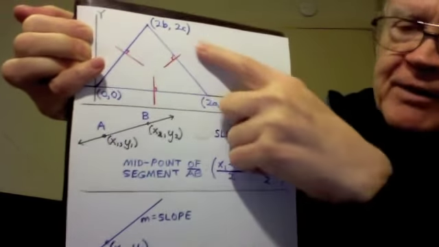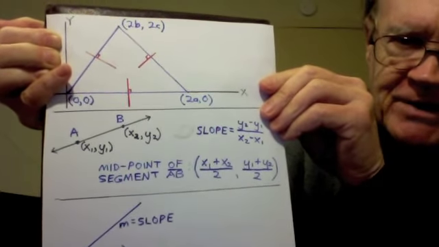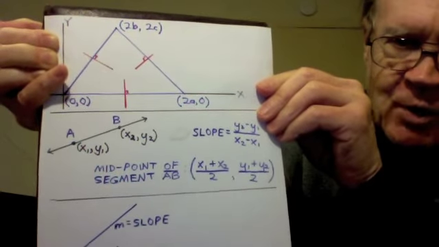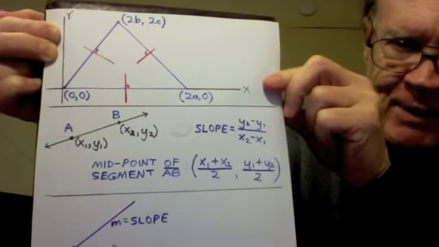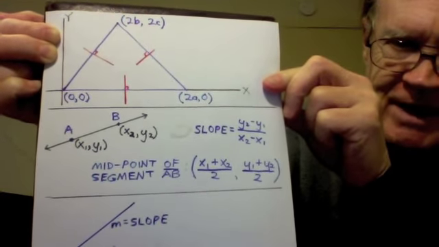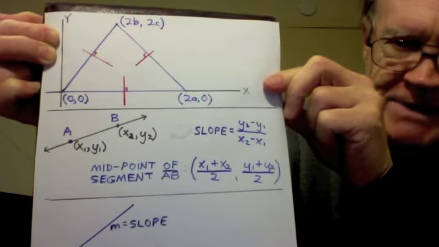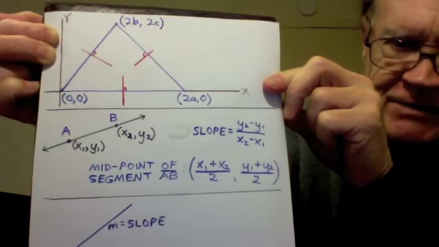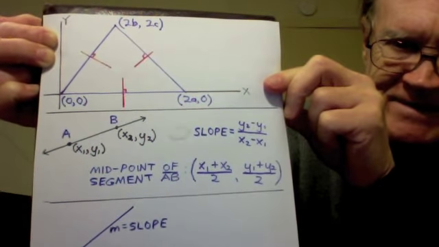And this top vertex, I could call it B, C, but to make it more friendly, I'm calling its coordinates 2B, 2C. So my question is, using this setup, can you show or prove that the three perpendicular bisectors of the three sides of the triangle all meet at the same point?